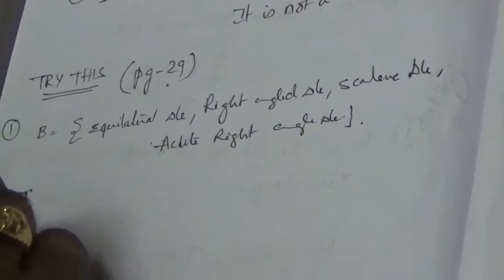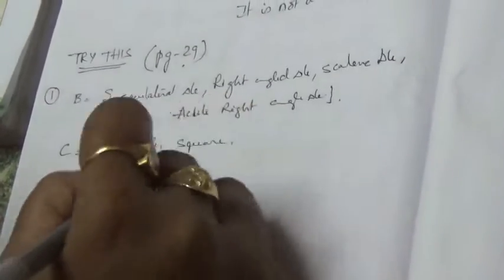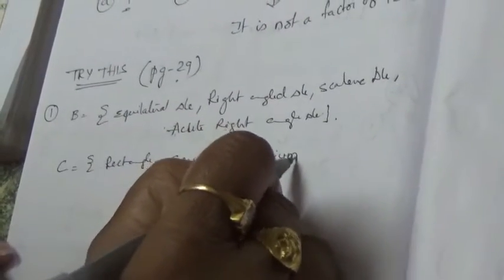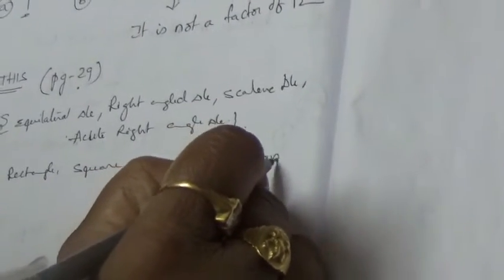Okay, you can write whatever algebraic ideas you have. C is equal to, I want to write some quadrilaterals also, that is rectangle, square, all quadrilaterals, and trapezium, rhombus and parallelogram.